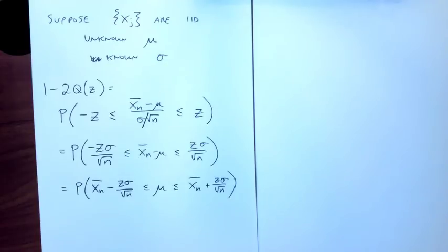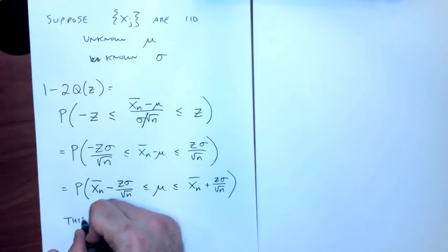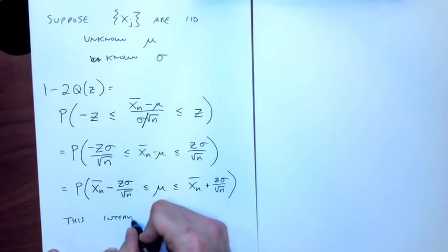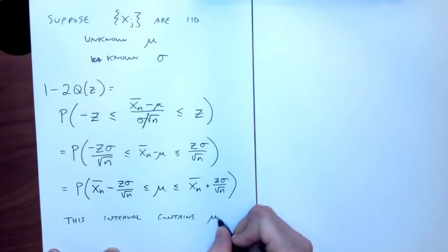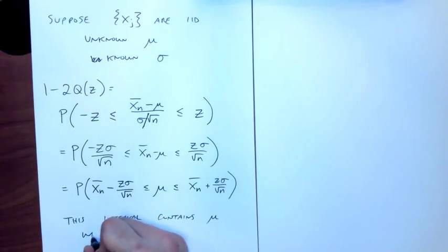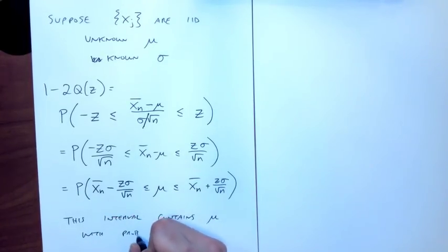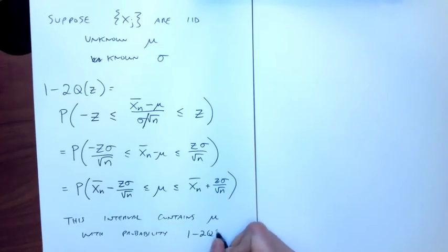So what is this saying? This is saying that this interval contains mu with probability whatever 1 minus 2Q of z is.